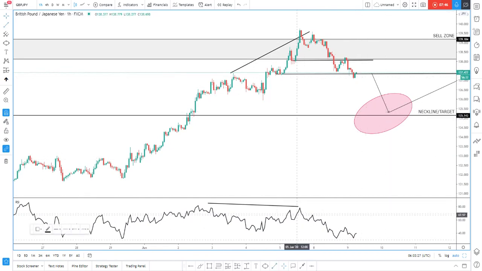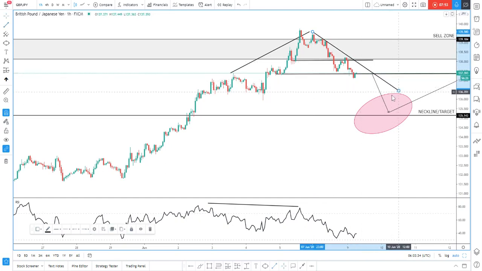Another reason I won't be taking this short is because this just looks like a counter trend line to me. This counter trend line can actually break out and the buy move can even begin without getting to the neckline. But there is a huge certainty that GBP JPY will get to the neckline before I see any buy moves happening.